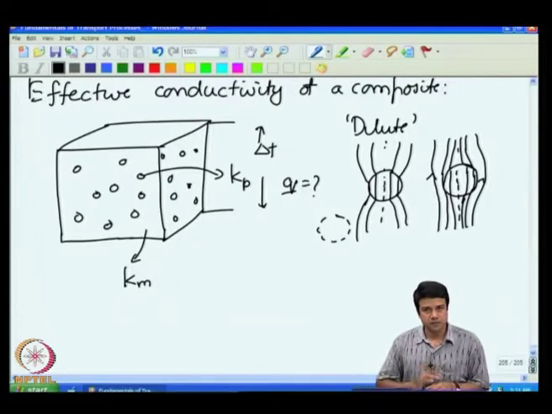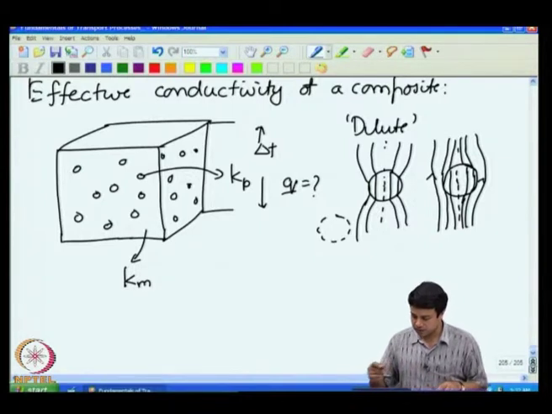That makes it a much more complicated problem. For the present case, I will assume that the particles are separated by sufficient distance that the temperature field around one particle is not affected by the temperature disturbance due to a second particle. That is what I mean by the dilute limit. Therefore, the assumption here is that the temperature field around one particle is not affected by the temperature field around another particle.